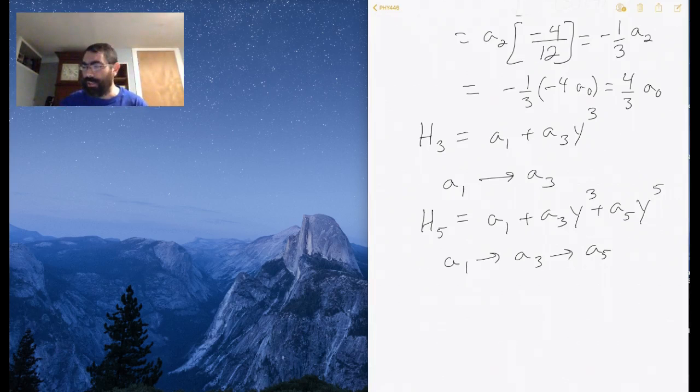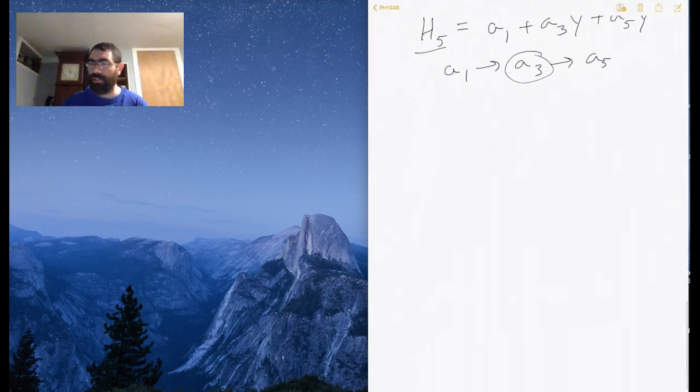Now again, remember the a3 when we worked out the third order polynomial is not the same a3 when we work out the fifth polynomial, because you're changing n and you're changing n prime, or basically you're setting a new n prime, and you're kind of bootstrapping your way up through the n index.